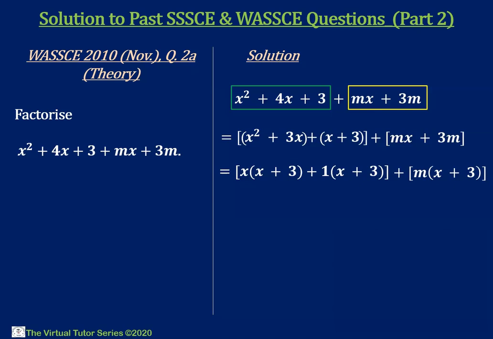Let's now put the factors of the first part in bracket and set it against the common terms in the bracket. This gives us into bracket x plus 1 as against into bracket x plus 3 plus m into bracket x plus 3.